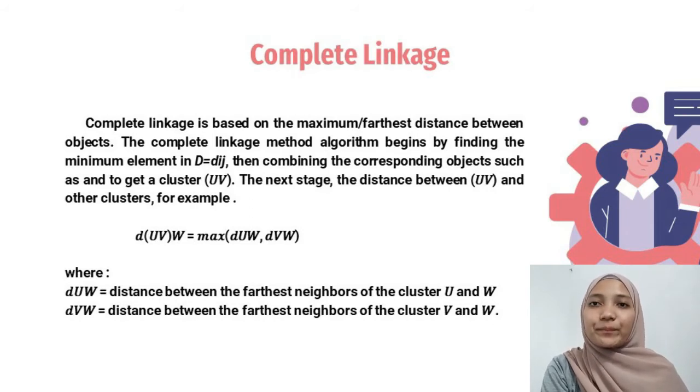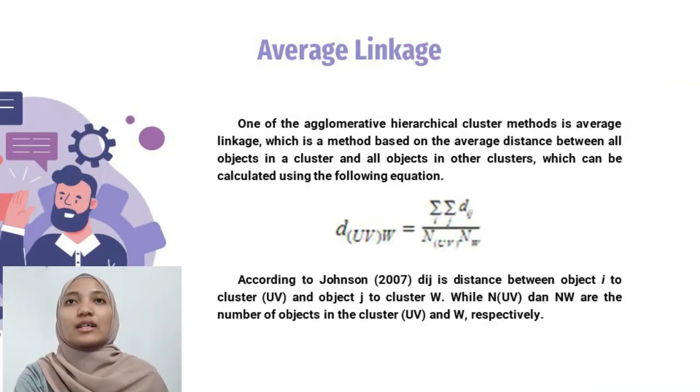For example, d_(UV)W equals max(d_UW, d_VW), where d_UW is the distance between the farthest neighbors of clusters U and W. d_VW is the distance between the farthest neighbors of clusters V and W.